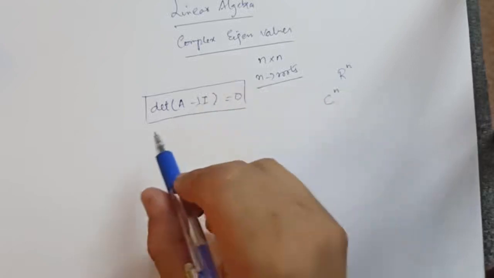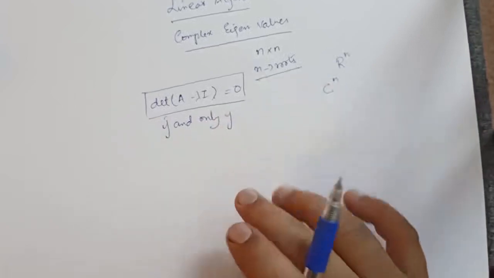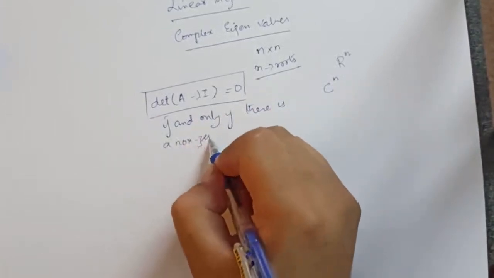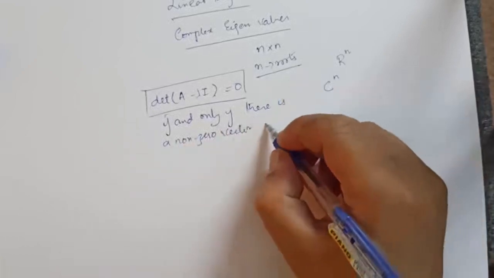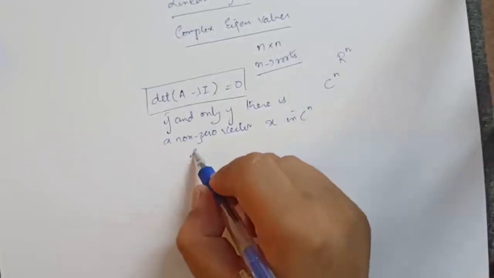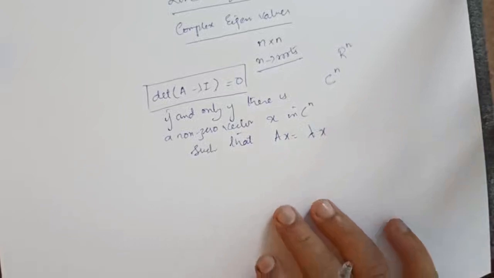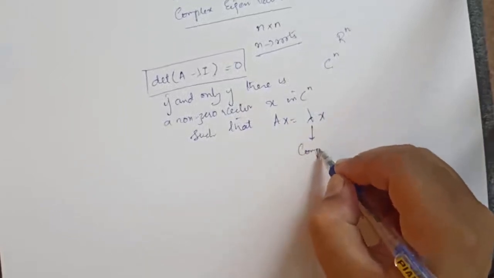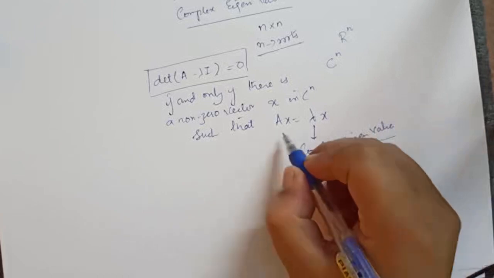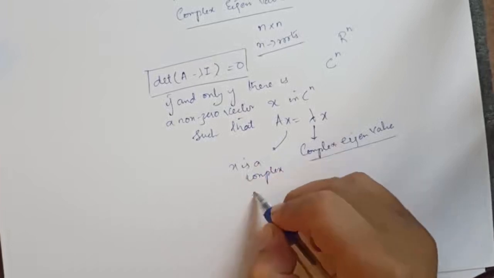So in the case when there is a non-zero vector x, which now exists in Cn, because we are talking about complex eigenvalues, such that Ax equals lambda x, we now call lambda the complex eigenvalue, and of course x is a complex eigenvector.